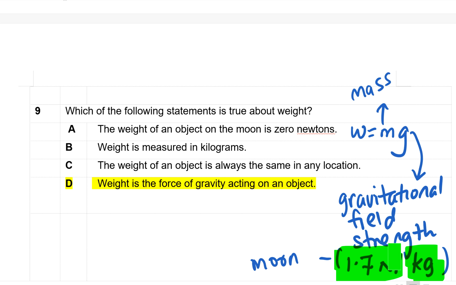So when that happens, then 2 kilograms will be 2 times 1.7, 3 kilograms, 3 times 1.7, and so on. So if you look at the options, the first one cannot be correct because it will not be 0, because on the moon there is still a gravitational field strength. So this is false.